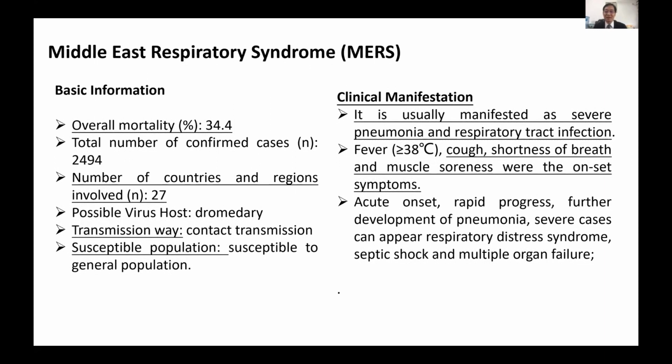Clinical manifestation is usually severe pneumonia and respiratory tract infection: fever, cough, shortness of breath, and muscle soreness. The onset is acute and progresses rapidly to pneumonia. Severe cases can develop respiratory distress syndrome, septic shock, and multiple organ failure.